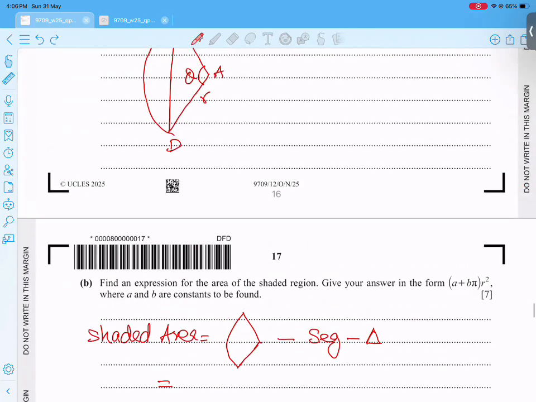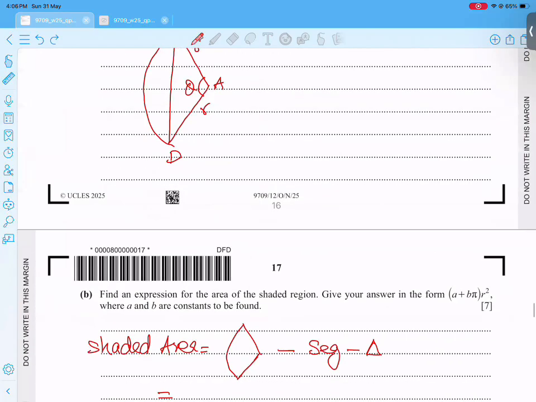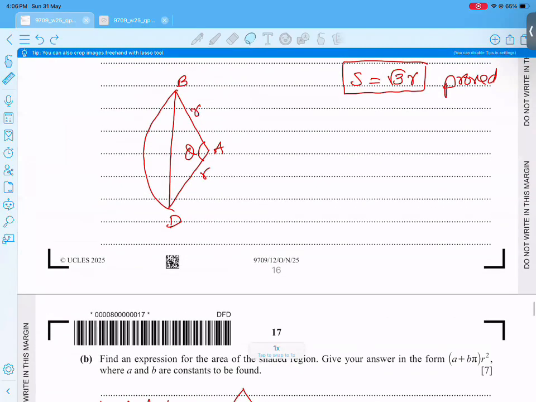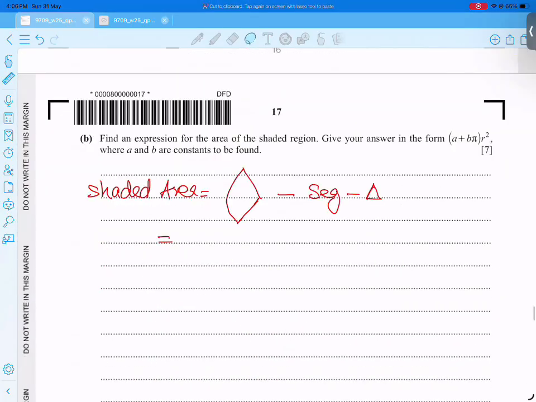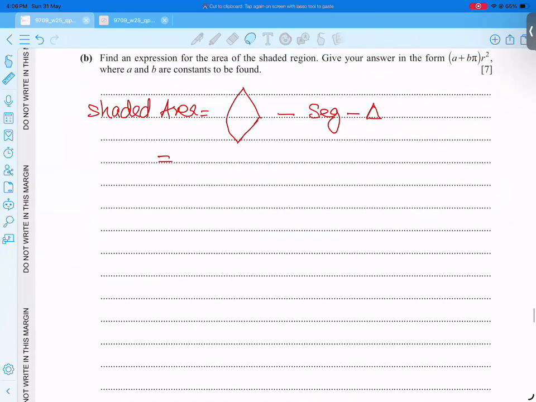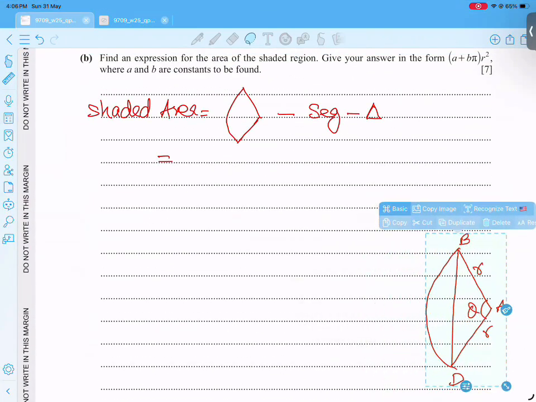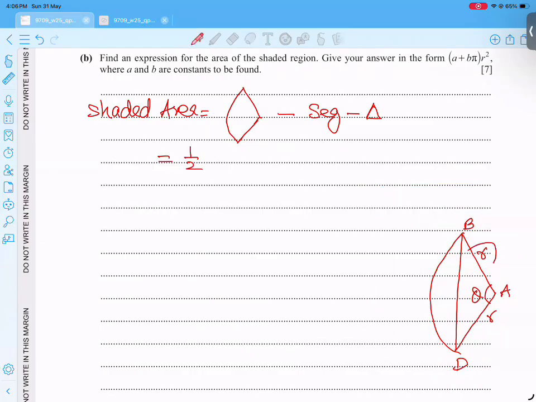Okay, we have the parameters given here, and I'm bringing this diagram below. So cut from here and paste below. So this diagram we have. So half r squared theta, where r and theta are this. Half r squared theta.